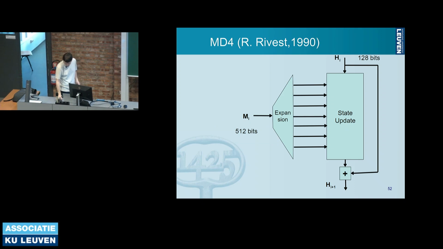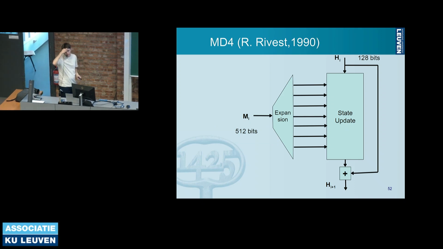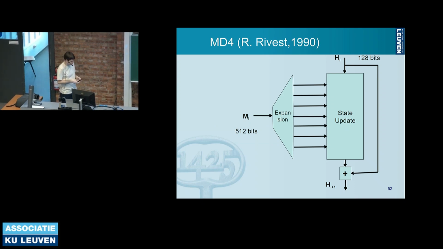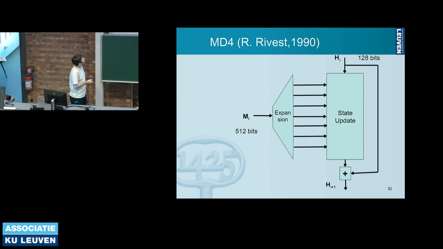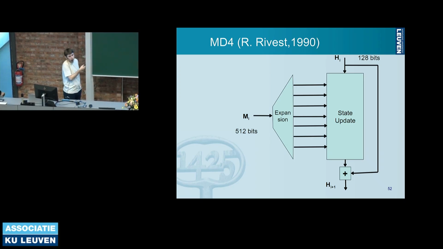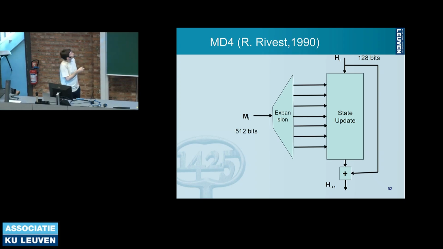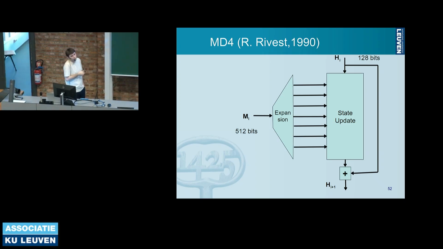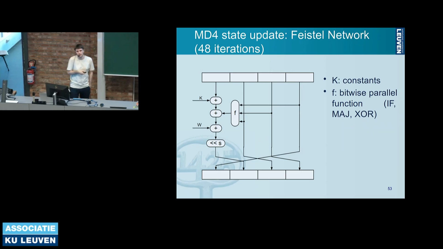So some examples of block cipher-based compression functions and hash functions. You have MD4 by Rivest. It looks exactly like this first construction that I showed, the Davies-Meyer construction. And here you have a particular state update function that looks more specifically like this.